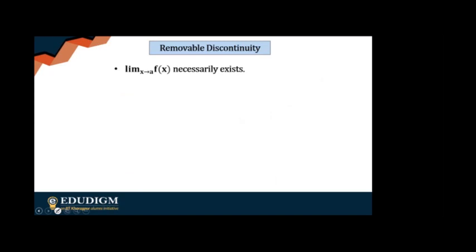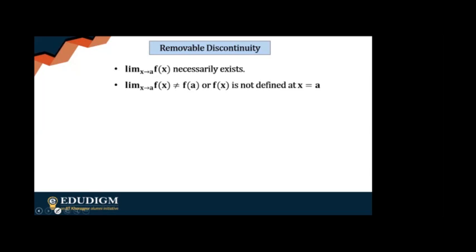The limiting value exists. Okay. So there's no problem with the limiting value, but it is either not equal to the functional value or the functional value is not defined at all. If you remember, in the second case the limiting value was okay, but the functional value was not defined. In the third case, it was not equal to the functional value. So all these are categorized under removable discontinuity.